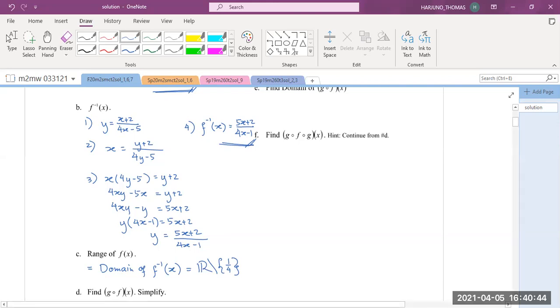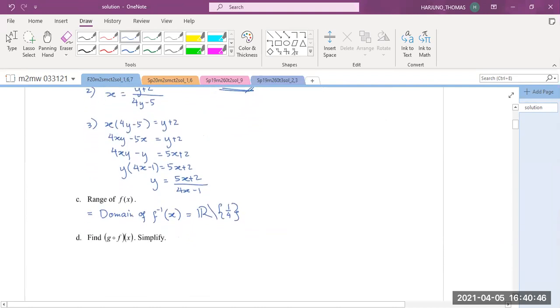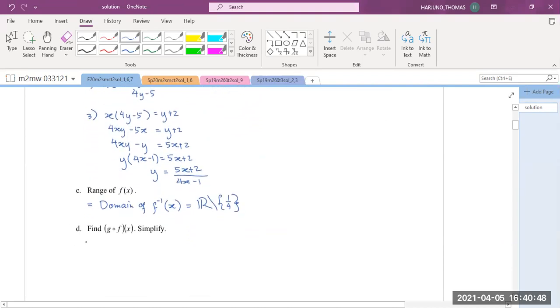Find g of f of x. So g compose f of x is g of f of x, which is g of (x plus 2) over (4x minus 5). Now, what is my g again?